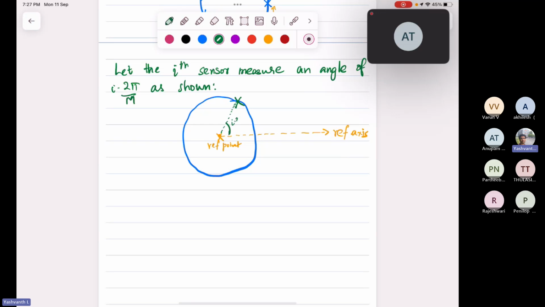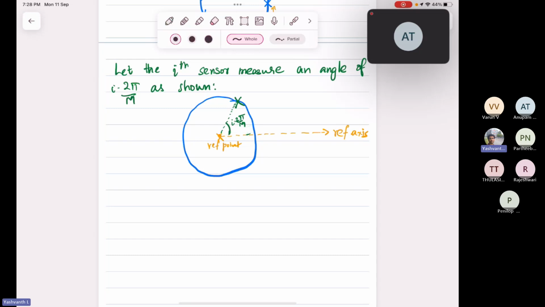I call it i times 2 pi by M. The angle subtended by any small arc in a uniformly spaced circle is 2 pi by M. If I place the first sensor on the reference axis, it makes 0 angle, and the second sensor takes 2 pi by M. But if we say the ith sensor makes i times 2 pi by M, then implicitly I don't place a sensor on the reference axis.